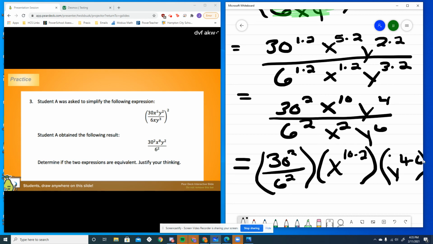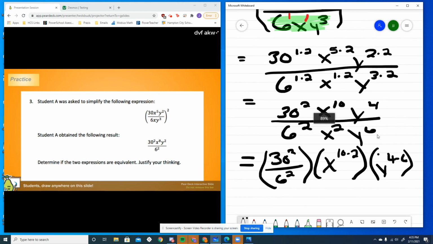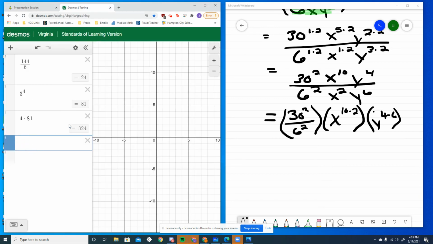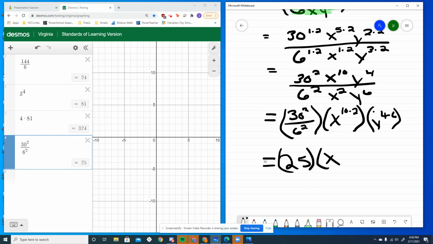Type this into your Desmos calculator. 30 squared over 6 squared gives you 25. Then x to the 10 minus 2 is x to the 8th power, and 4 minus 6 gives you y to the negative 2.